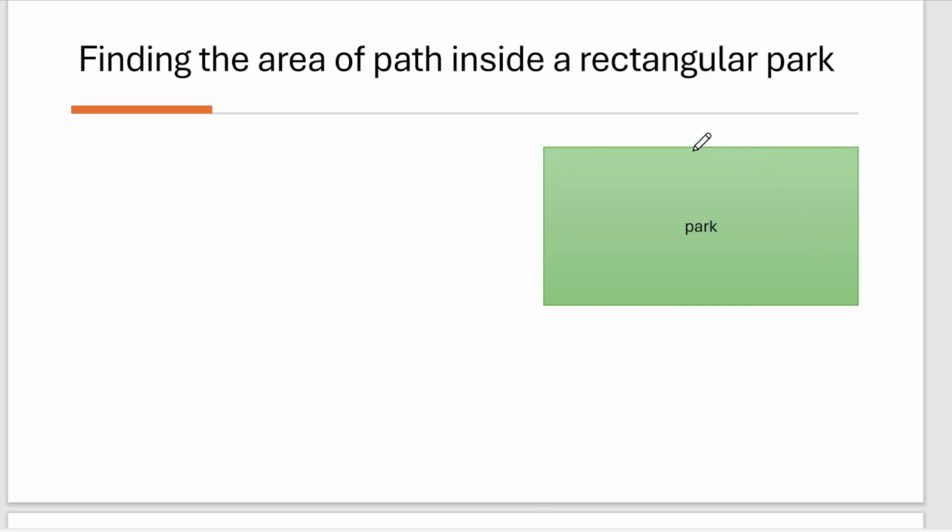So suppose there is a park whose length is given as L and whose breadth is given as B. Now we are going to construct a path inside this rectangular park. Okay. So let me build a path.